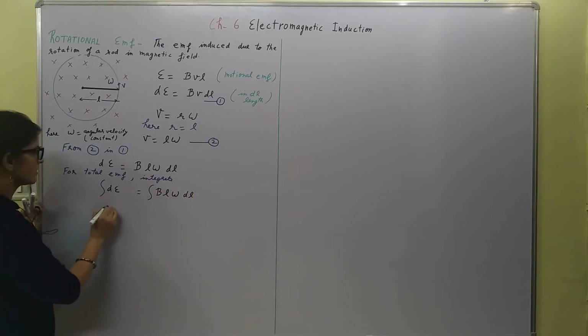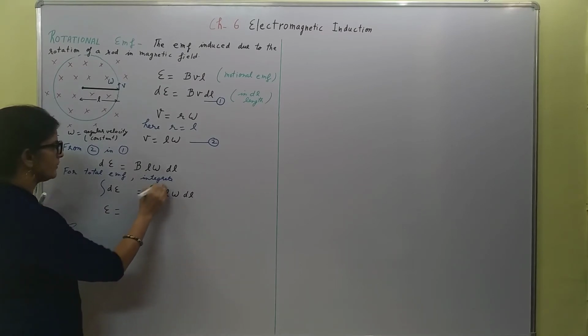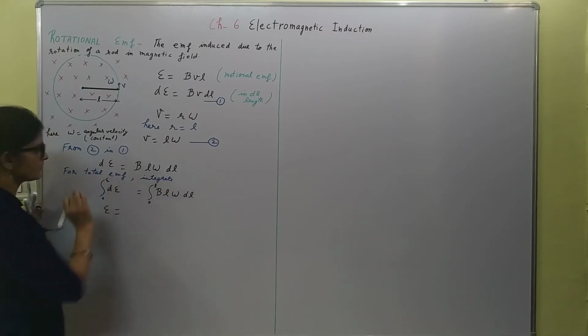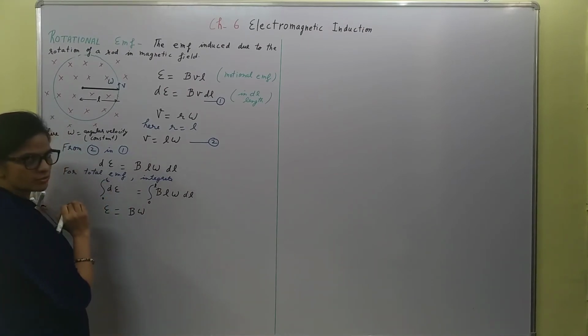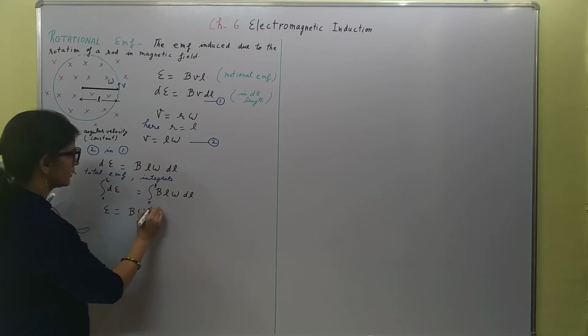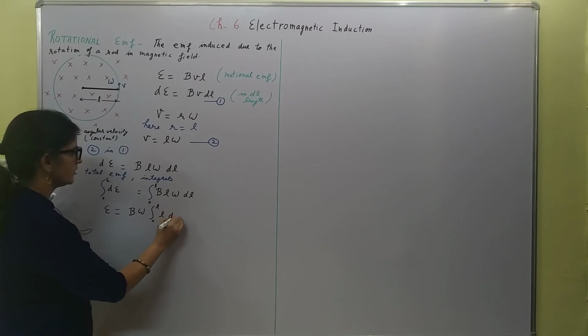So I can write integration of E from 0 to maximum EMF limit, and L from 0 to L. This is a uniform magnetic field and uniform angular velocity, so they come outside, and this will be integration of L dl.